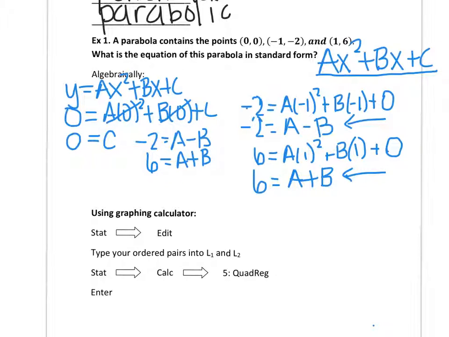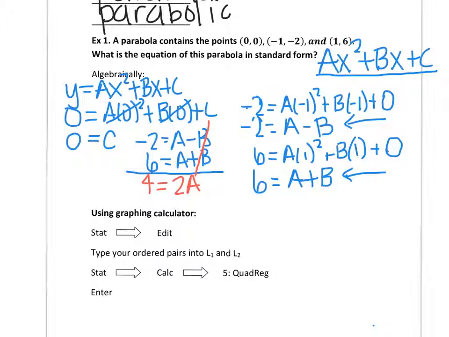Now remember, you can either use substitution or you can use elimination. I'm going to do elimination because I noticed that one of my B's is negative and one of my B's is positive, so I can just add down and they'll cancel right out. So that's what I'm going to do. I'm going to cancel those out. This gives me 2A equals 4.